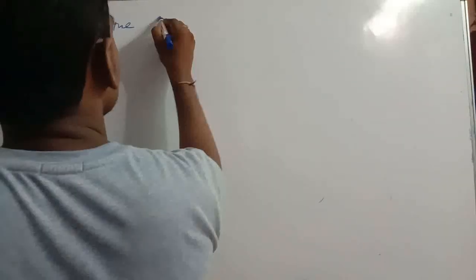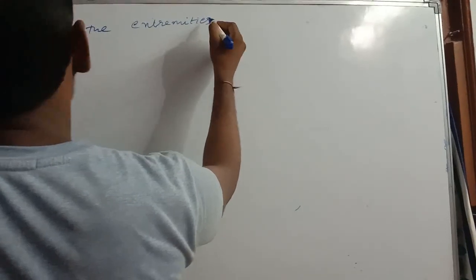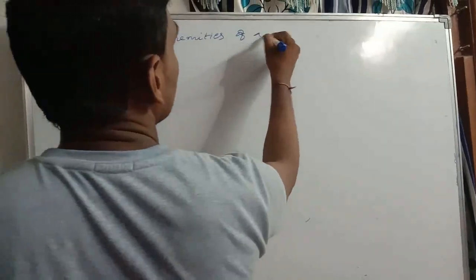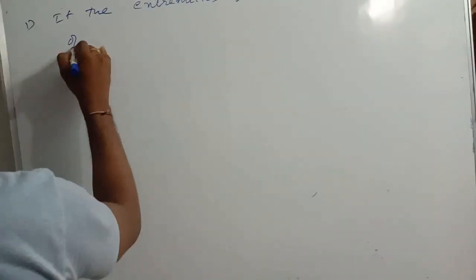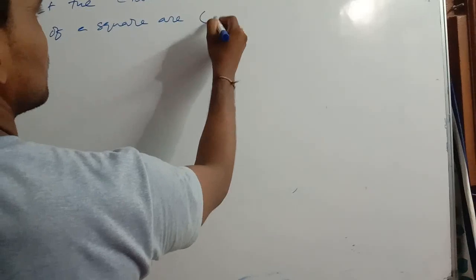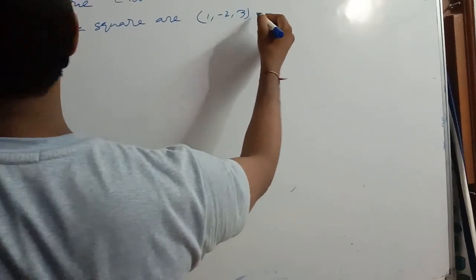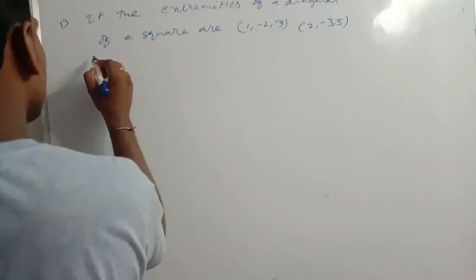Next, MSET previous year questions. Continuation video. The extremities of a diagonal of a square are (1, minus 2, 3) and (2, minus 3, 5).